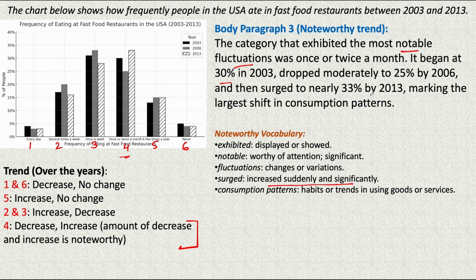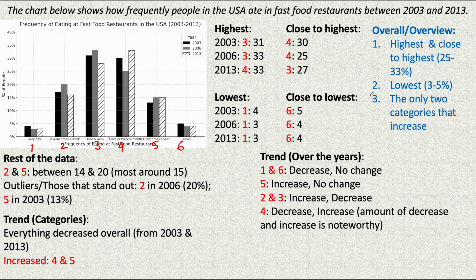So, just to review what we did, we understood the question, we used a system to understand the data, that is highest, lowest, close to highest, close to lowest, then trying to group the rest of the data and understanding the trends, that is increase, decrease, fluctuations and no change.